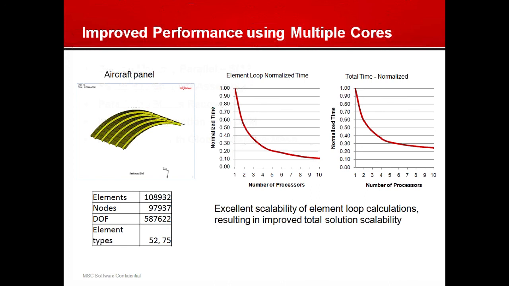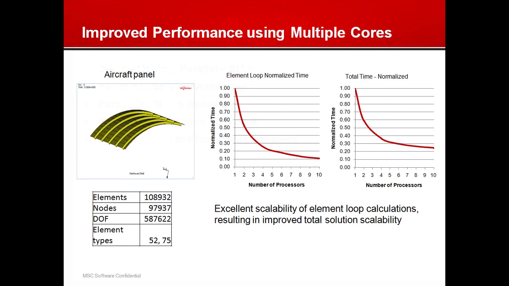And what this does for you in terms of the total job performance, which of course involves other things like reading the input and the output, it gets you a scalability factor of about 4.5.